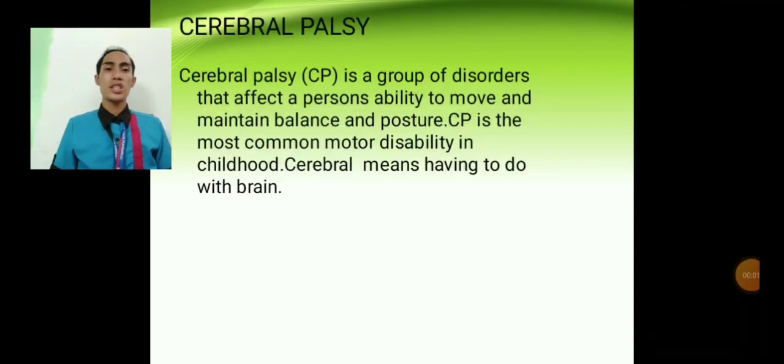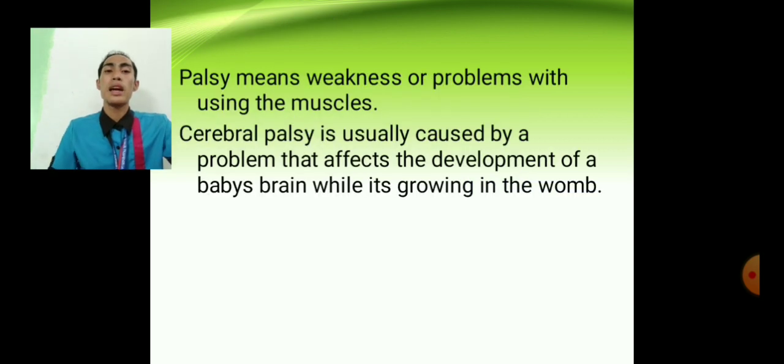Let's proceed to cerebral palsy. What is cerebral palsy? Cerebral palsy, or CP, is a group of disorders that affect a person's ability to move and maintain balance and posture. CP is the most common motor disability in childhood. Cerebral means having to do with the brain.